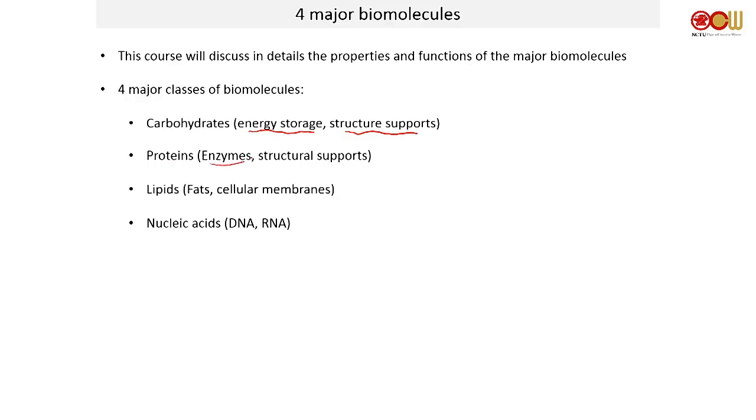Proteins are used as enzymes, which is a major function of proteins, but also structural support. Lipids, fats, are used for energy storage and also cellular membranes. What I'm also missing here is cell signals, for example cholesterol, hormones, that kind of stuff.